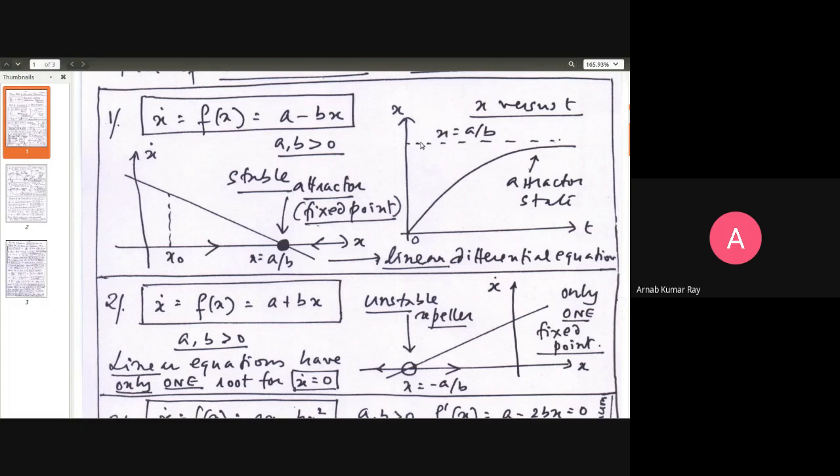If you had started anywhere higher on this horizontal dotted line, you would have fallen below and gone towards this path. So this point is an attractor point. There are two other terms, fixed point and stable point, but I will discuss this in detail in the next class. Incidentally, I'll stop the sharing now.